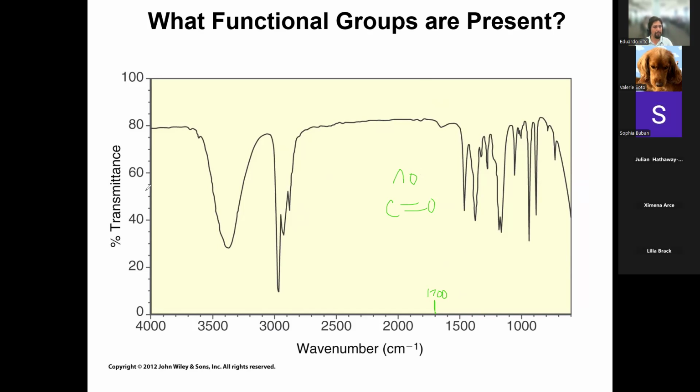Okay. What about this one here? I'm going to use pink. We have a very broad, medium strong peak at around 3,400. It's broad, so that gives me a clue. What is there?